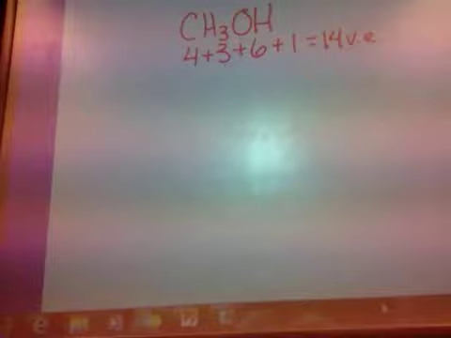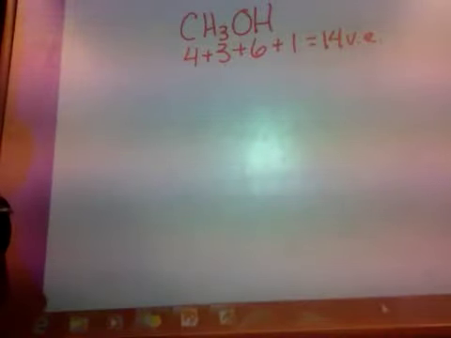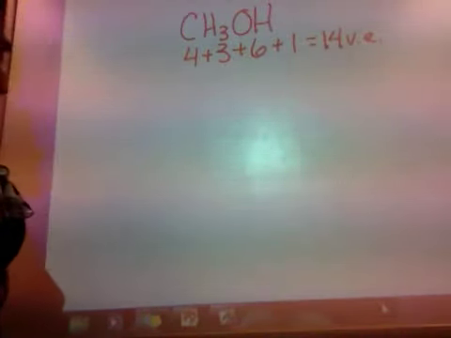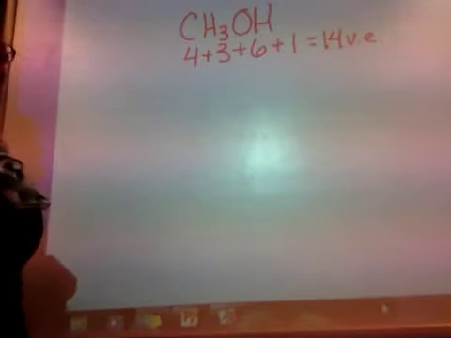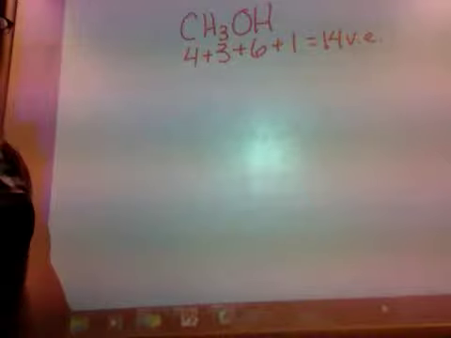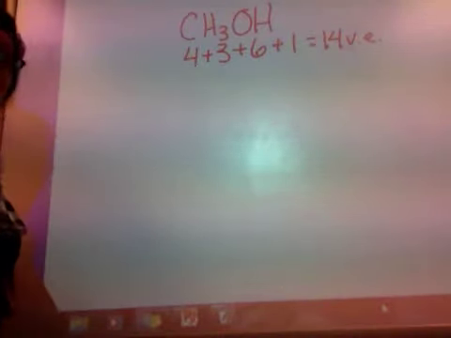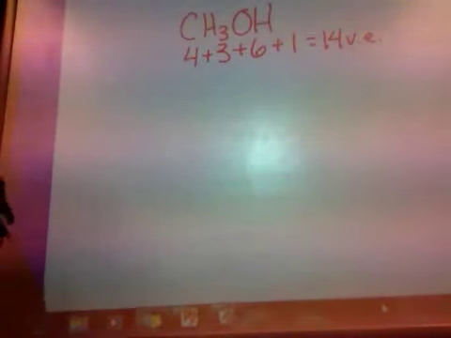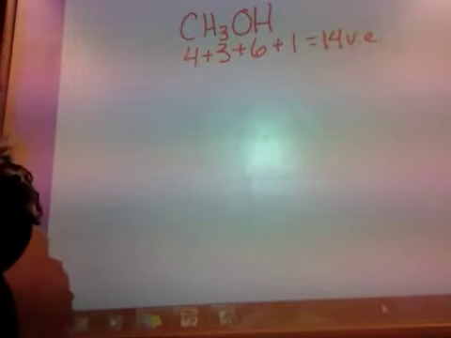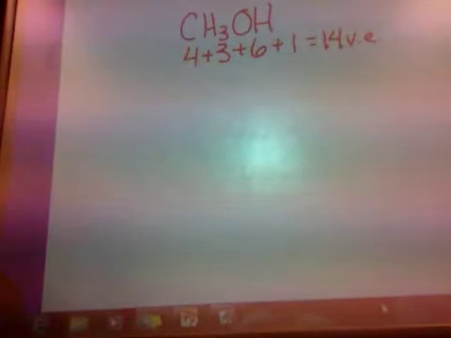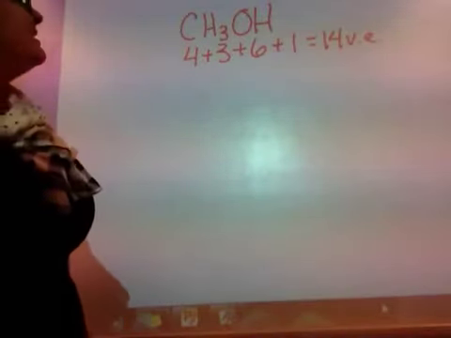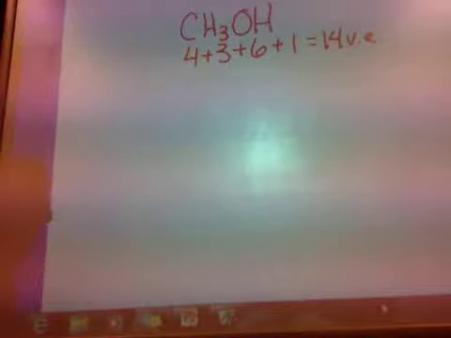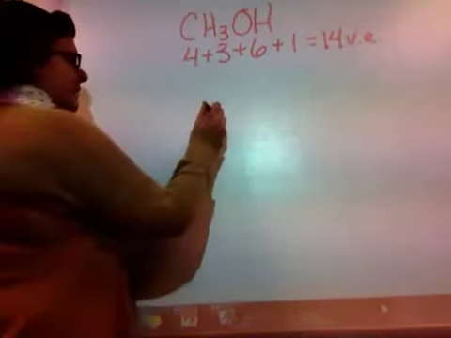Now we have our total number of electrons. Now I need to pick out a central atom. I know that hydrogen can never be a central atom because it's always a surrounding atom. That leaves me with carbon and oxygen. I know that carbon is not as electronegative as oxygen, so carbon's going to be my central atom.